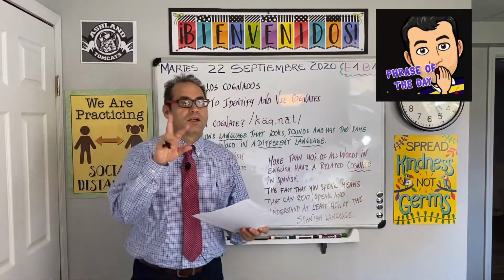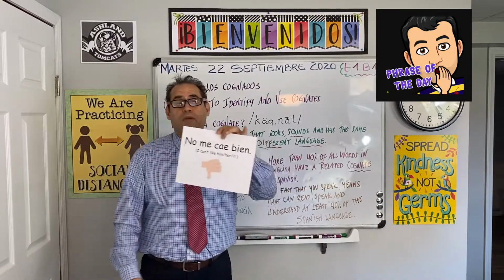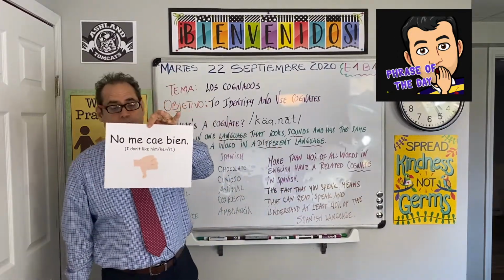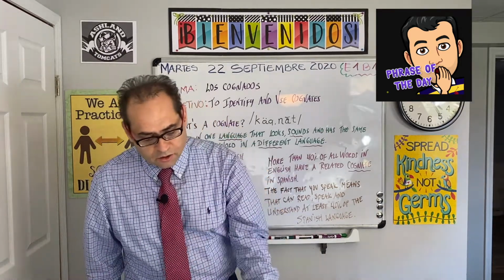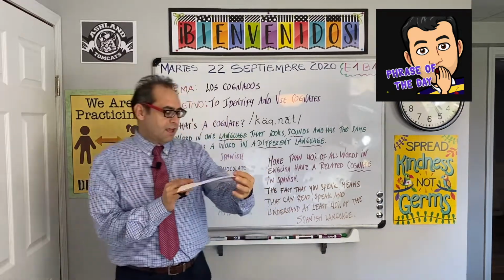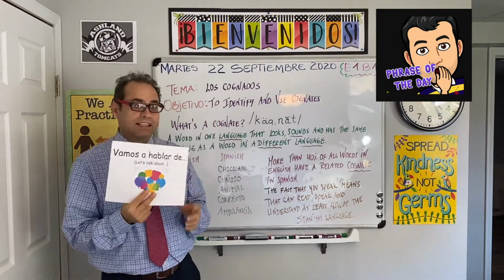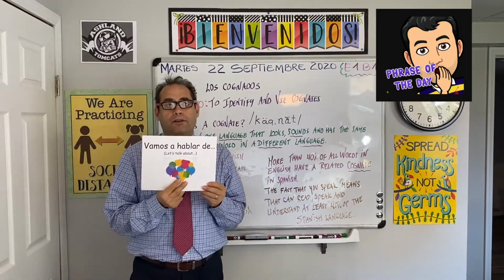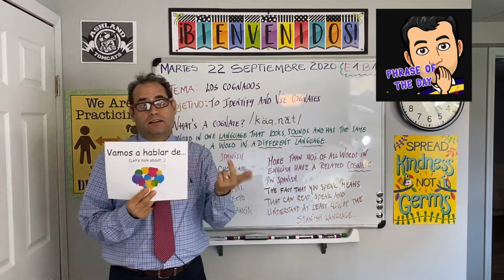Frase, phrase, similar cognates. Okay. Yesterday we talked about no me cae bien or me caes bien. I don't like him, I don't like her, I don't like it. Today we're going to go with this: vamos a hablar. Let's talk about it. Let's talk about this. Yeah, I need to talk to some students when I see that the grades are not really good.